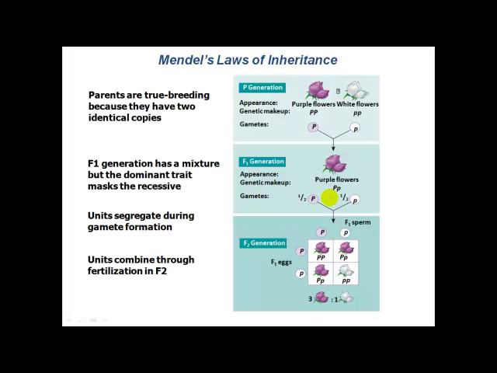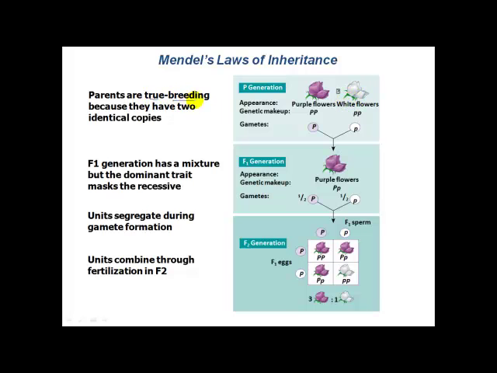So applying these rules to the outcomes that he observed in his cross of the purple flowered and white flowered plants, how do they apply? So here was his explanation for the results that he obtained. Remember that the parent plants that we started with, the P generation, were true breeding.